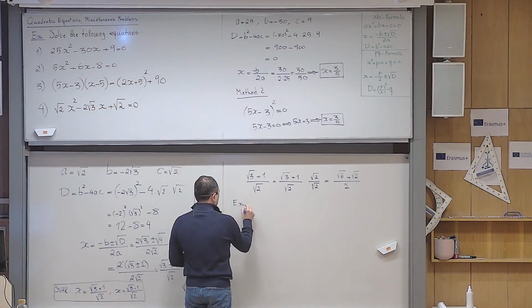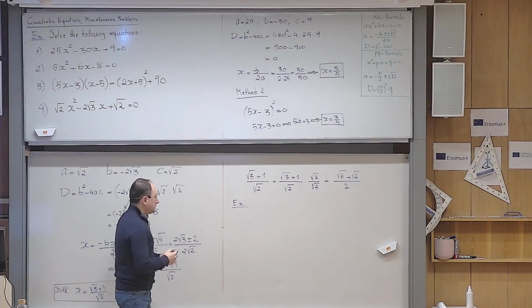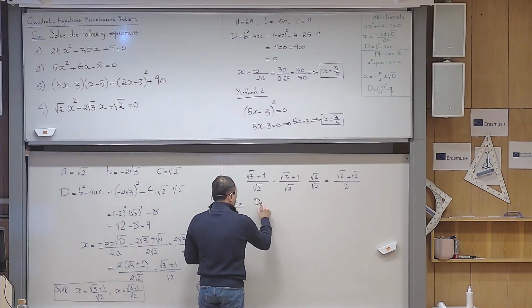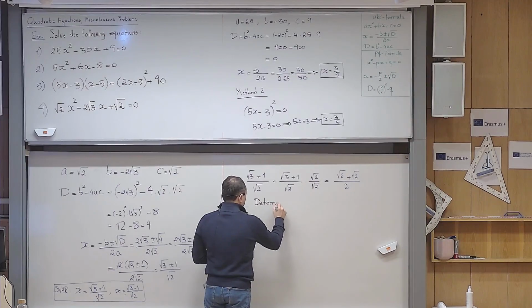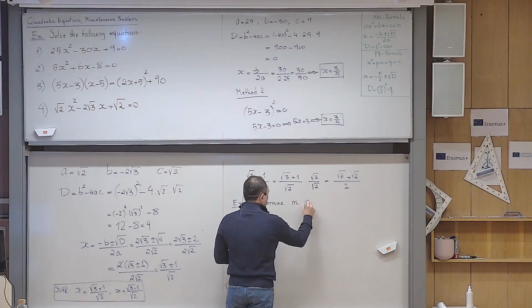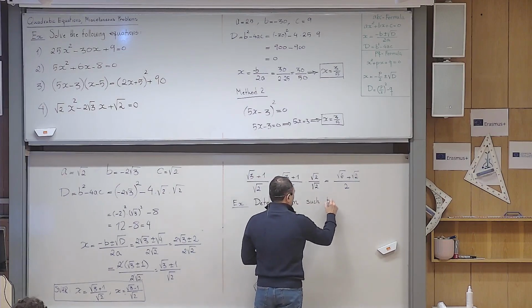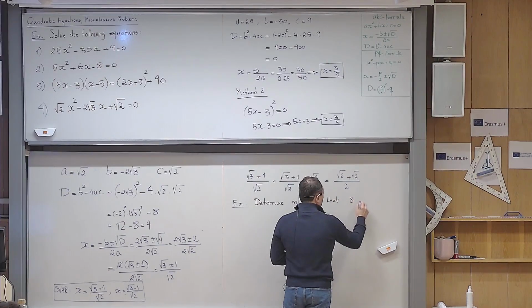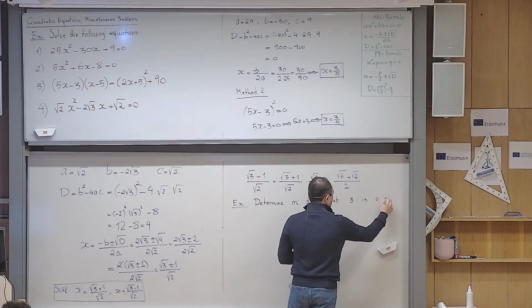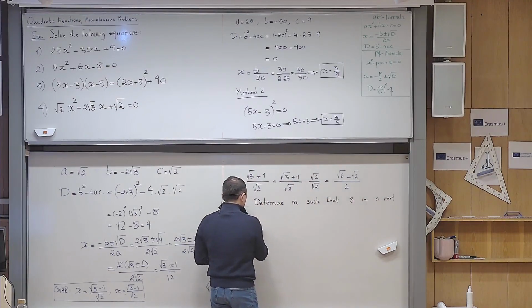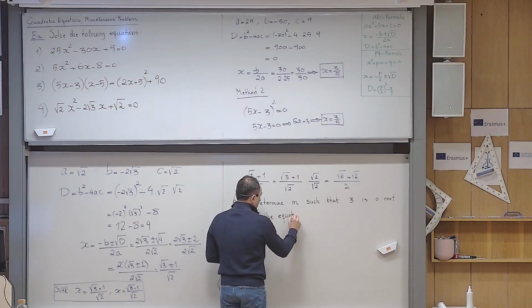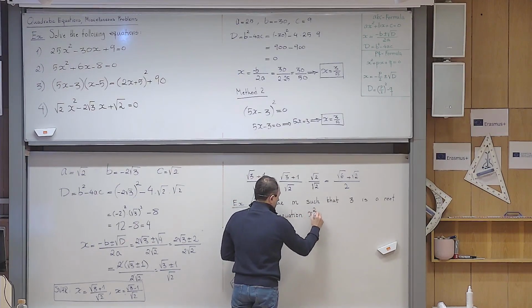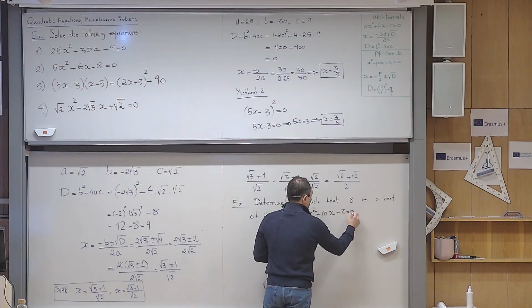So, example: determine m such that three is a root of the equation x squared plus mx plus 3 equals 0.